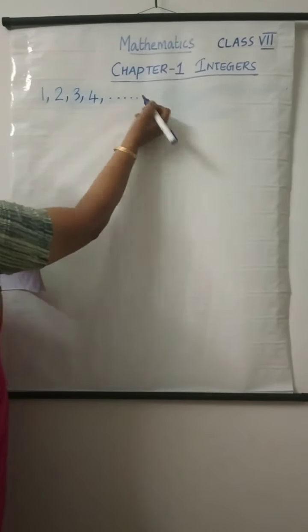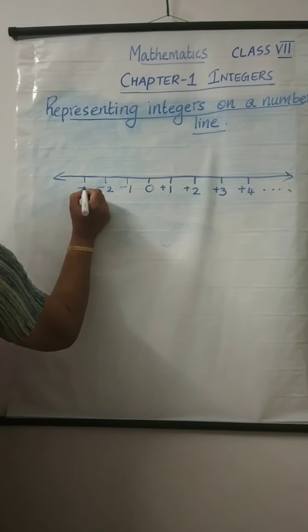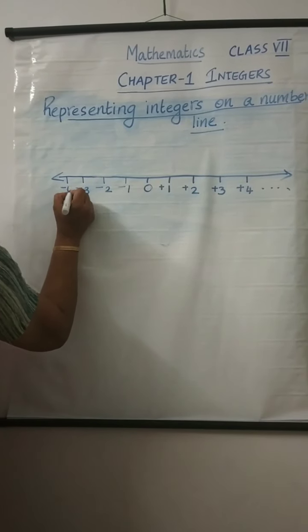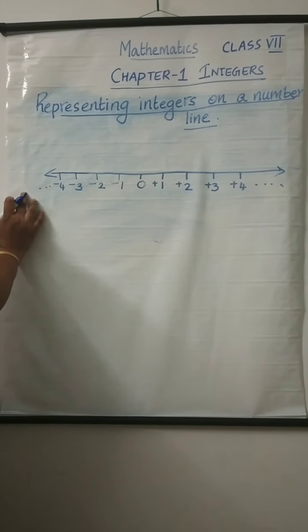Then positive 1, 2, 3, 4, etc. Then minus 1, minus 2, minus 3, minus 4, etc. So, in the number line, 0 is at the center, the right side of 0 are positive integers and the left side of 0 are negative integers.